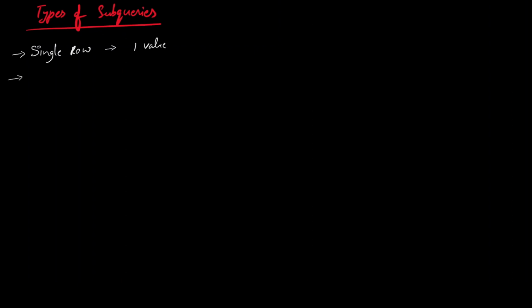Let's discuss types of subqueries. We can have a single row subquery. Single row subquery means it returns only one value in its output. And a multi-row subquery.